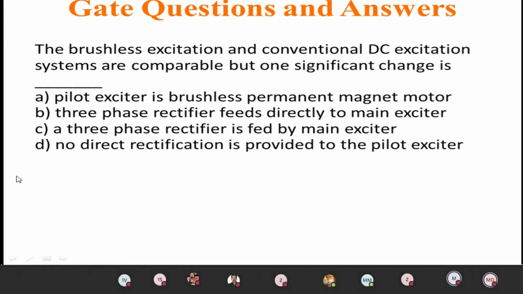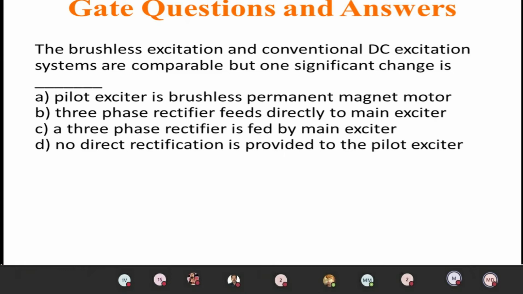In present days we are using SCR. As a three-phase rectifier, options B and C are not conventional ones.